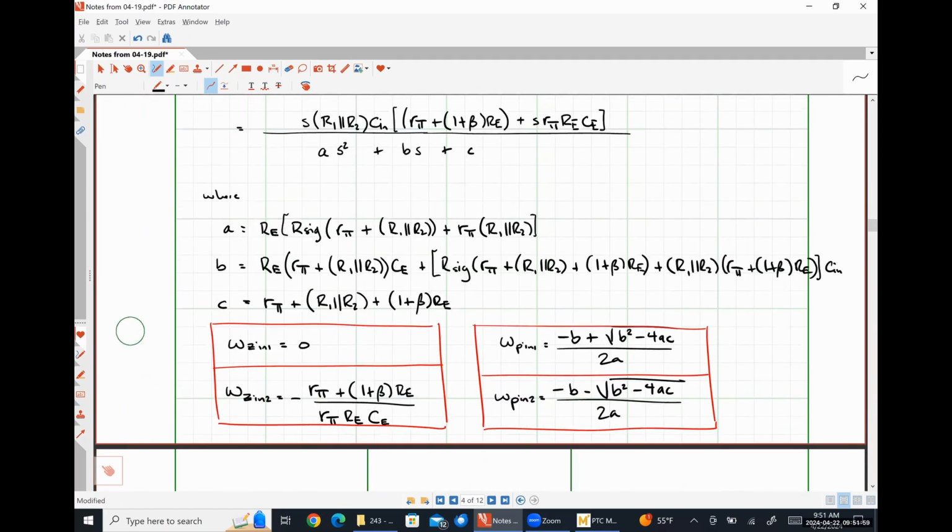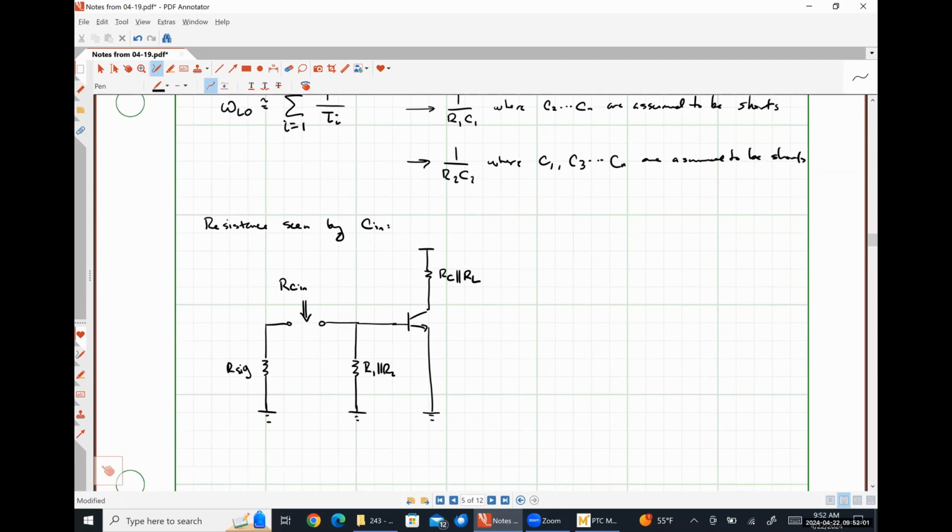Coming back down to this thing, we effectively just need to know what this resistance looking in is going to be. So what should the resistance looking in to the base of a common emitter amplifier without degeneration be? Just R pi, absolutely right.